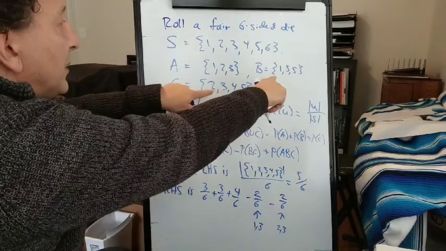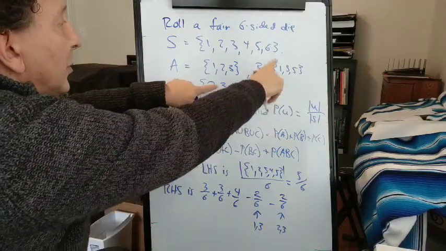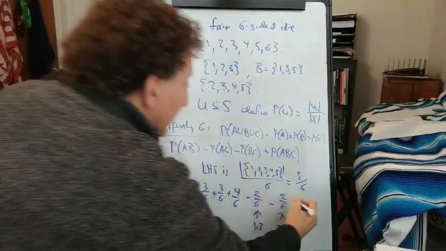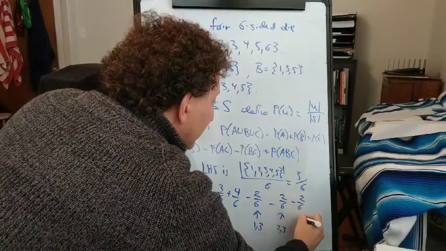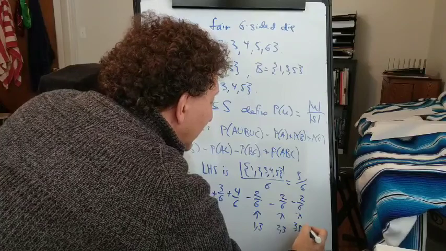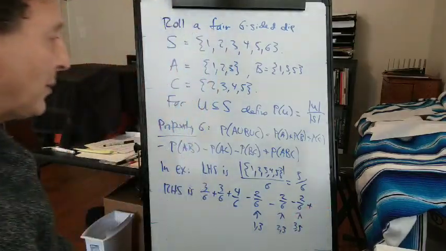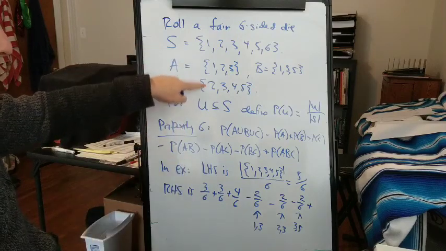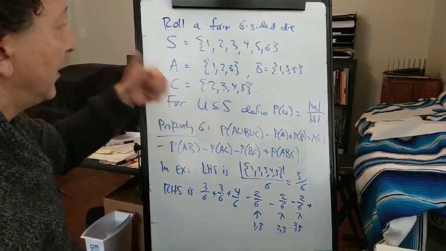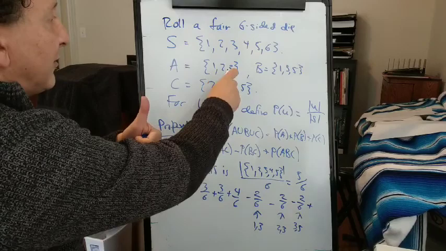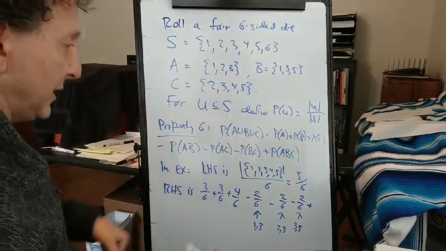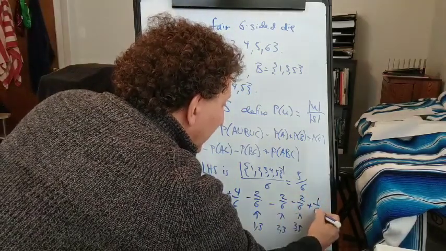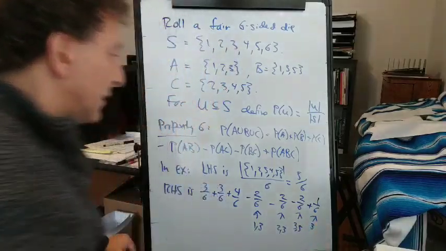B and C have in common not 1, not 2, but 3 and 5. So again 2/6, because they have 3 and 5 in common. Plus the probability of A, B, and C. So what do all of these sets have in common? Not 1, not 2, 3, not 4, not 5, not 6. So just 3. 1/6 because of the 3.